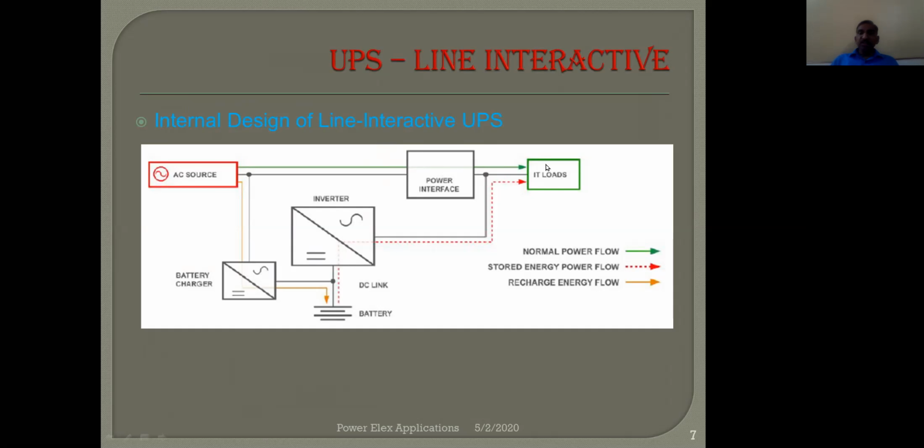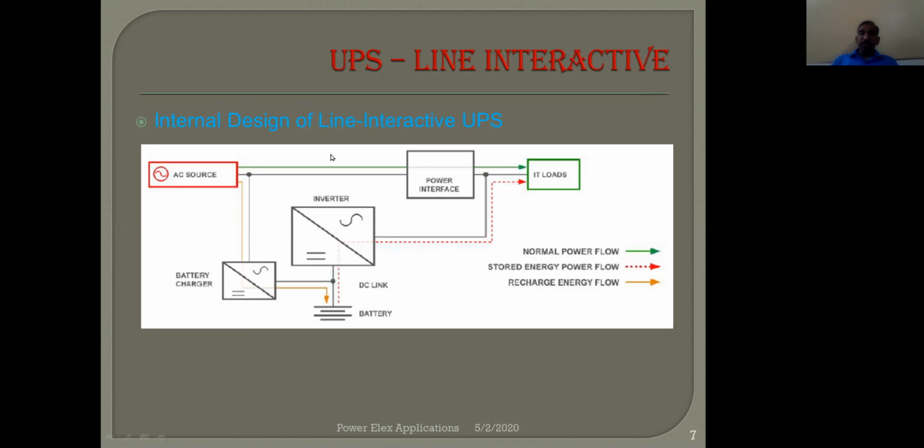Second one is to get this AC, keep the battery charging through a controlled or uncontrolled rectifier, and provide this battery power through an inverter. This is DC to AC conversion, inverter to the load. This is nothing but a stored energy power flow. Whenever the battery is charged, it will be discharged through the inverter, converting it to AC and supplying it to the load.